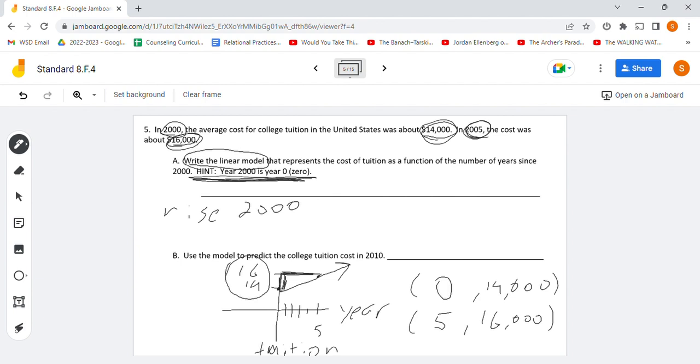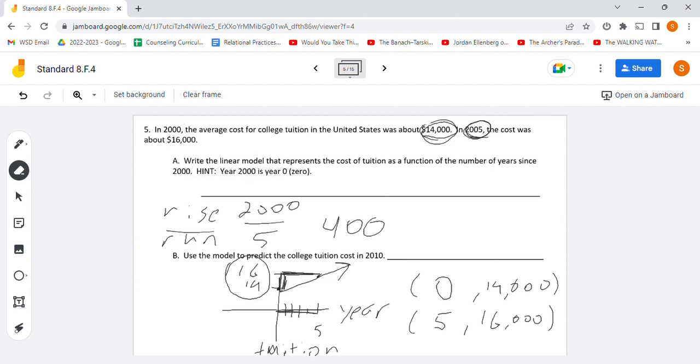And our run from here to here went over by 5 years. So our run is 5. So we end up with 2,000 divided by 5. That divides nicely, so we're just going to rewrite that as 400 as our slope. So that will be the simplified slope. Alright, let's clean this up a little bit.